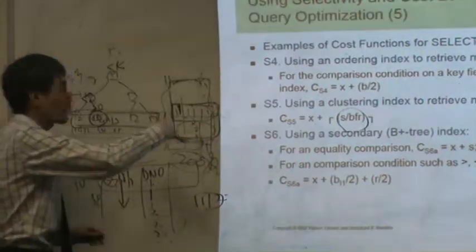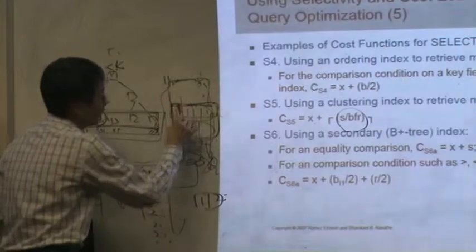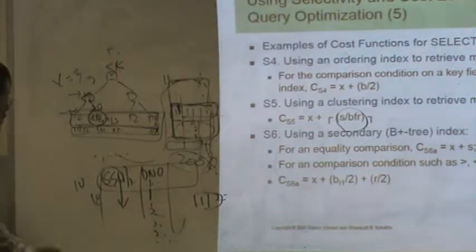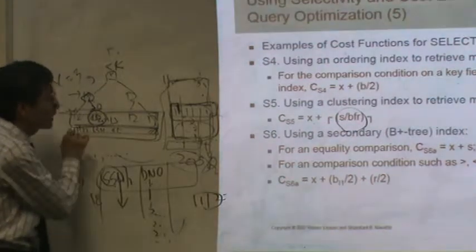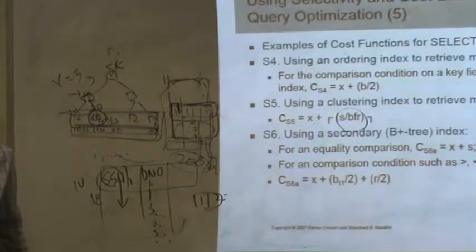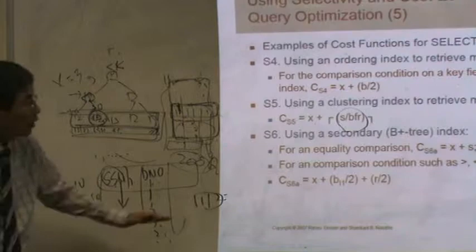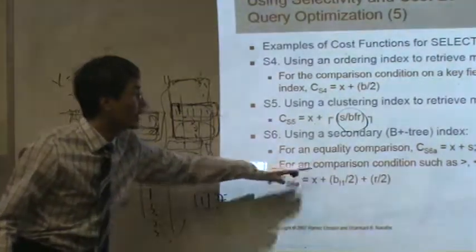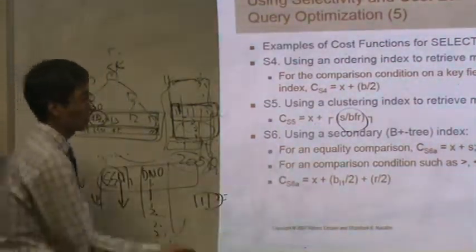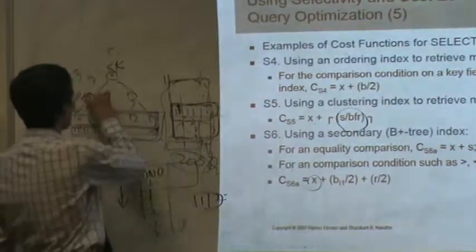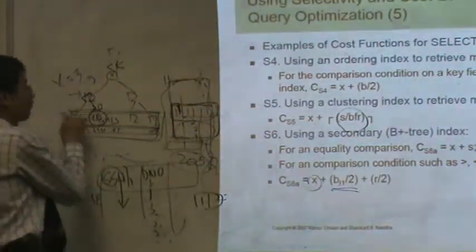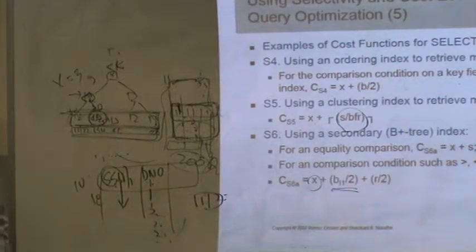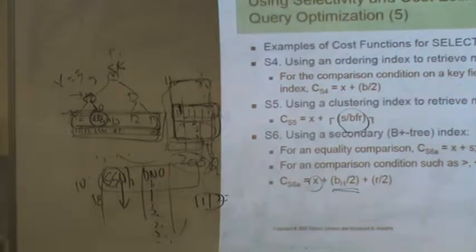Unlike the primary index, we need to access the data. Here you can find the data from the index, leaf node, first level index. Both the equality and inequality are the same. X is the level, and the second part is the number of blocks in the first level that include the index key.